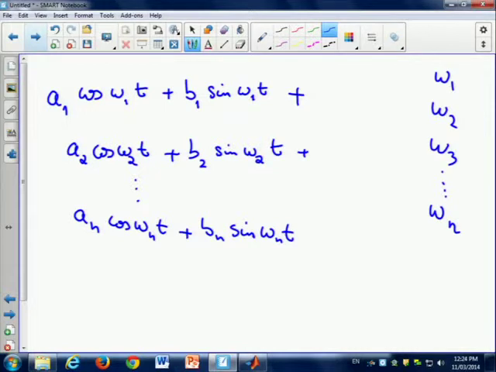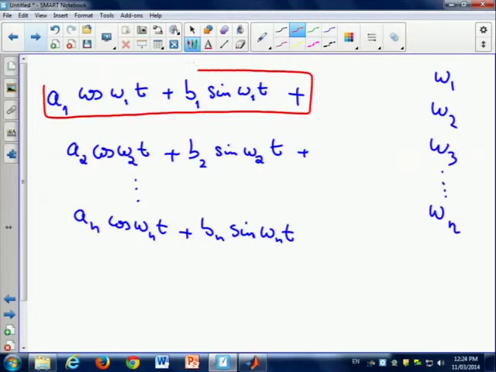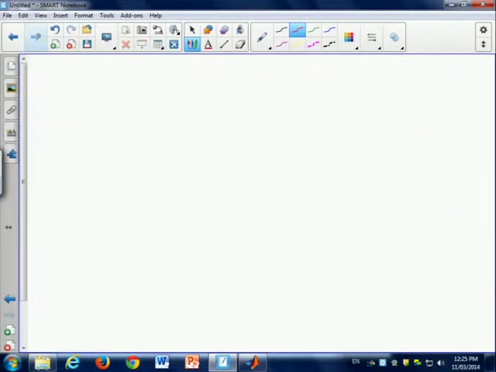Now I'm going to write the same thing but in complex notation. How do you do that? Each one of these is going to be turned into its complex counterpart. Just concentrate on the first one.